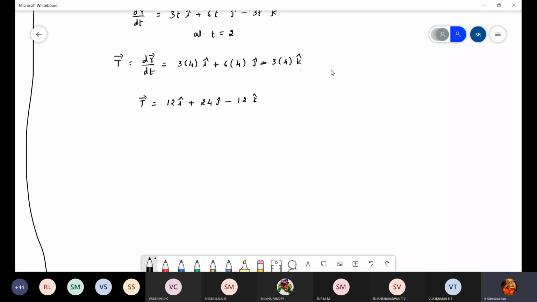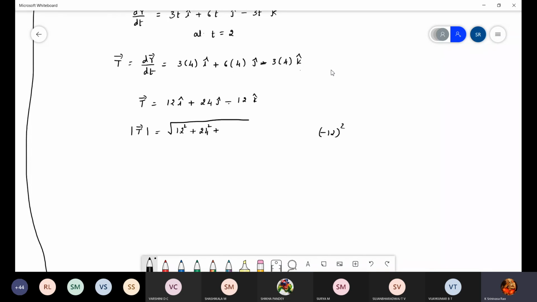This is vector T. To calculate the unit tangent, we need the magnitude. So calculate here only. What is the magnitude of T? It is the square root of 12 square plus 24 square plus 12 square. You will get a very big number. Even though it is minus, because we are doing a square, this gives plus only. Inside the square root there is no question of a negative sign.